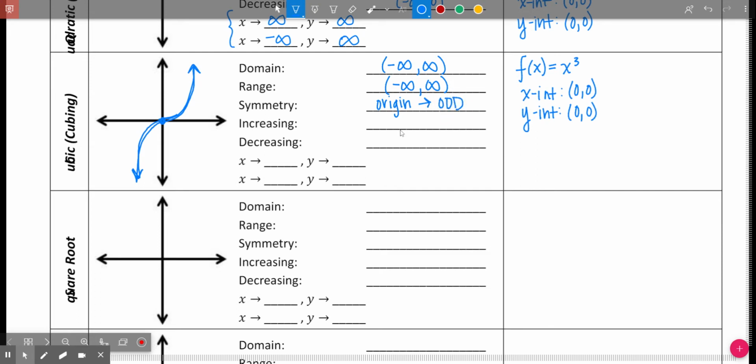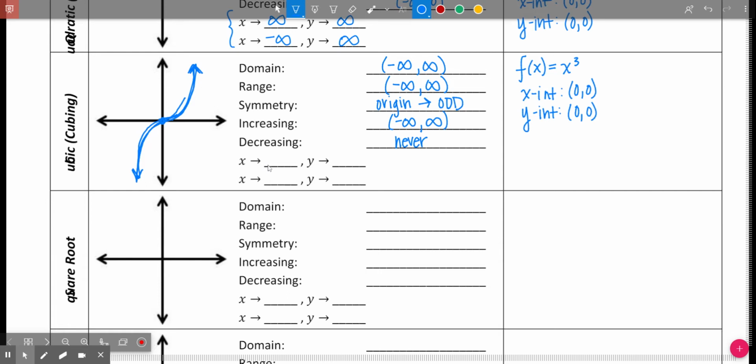It is always increasing. So from negative infinity to positive infinity, when I move along this graph from negative infinity to positive infinity, the graph is always going up. So it's always increasing. It is never decreasing.